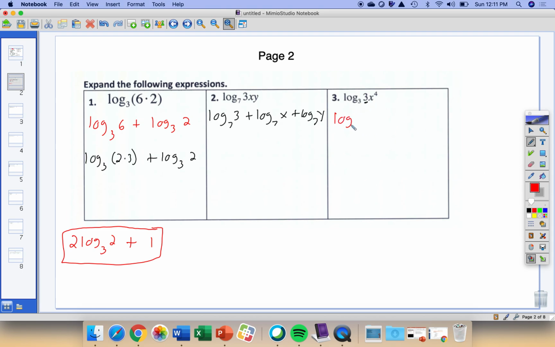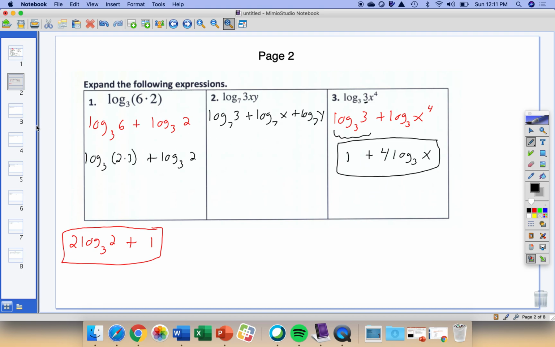So it's log base 3 of 3 plus log base 3 of x to the 4th. From there, log base 3 of 3 just becomes 1. And then this, we can use my power rule. I can bring the 4 in front, and it's log base 3 of x. And that would be my final answer.